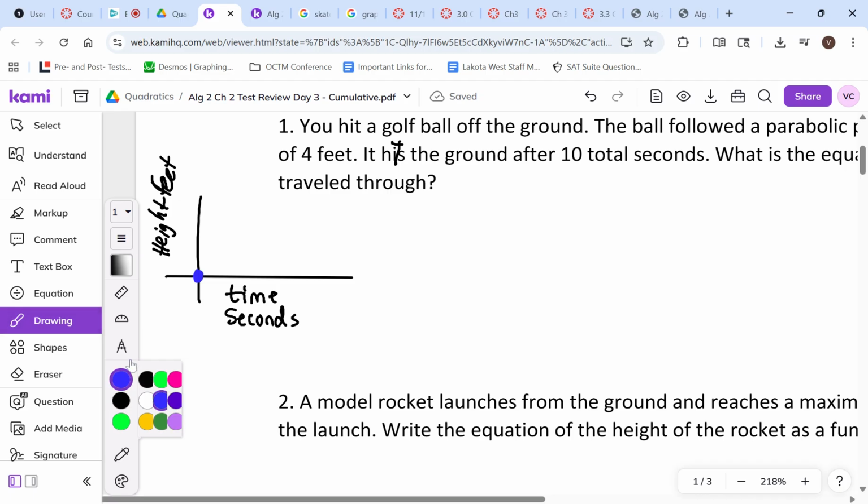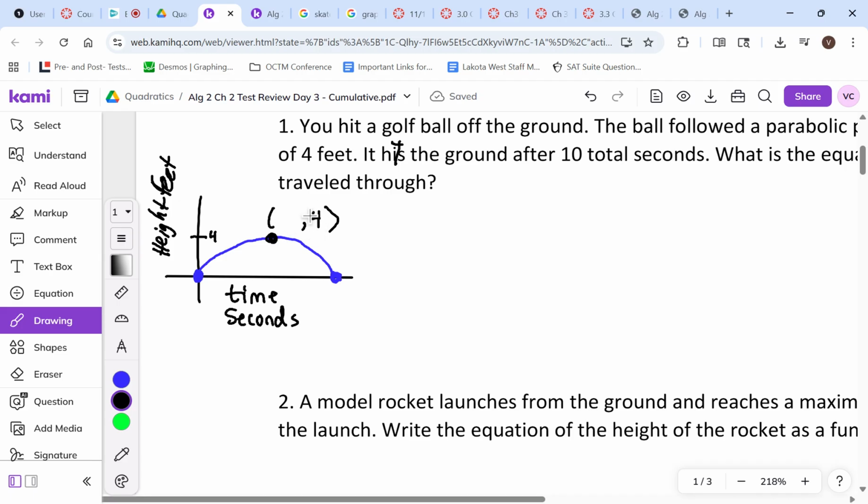It says it starts on the ground and then it hits the ground after 10 total seconds. So it's going to come back down and hit the ground after 10 total seconds. All right, and it's following a parabolic path, has a max height of 4 feet. So the highest it goes is 4 feet. That word max tells me that we're talking about the vertex.